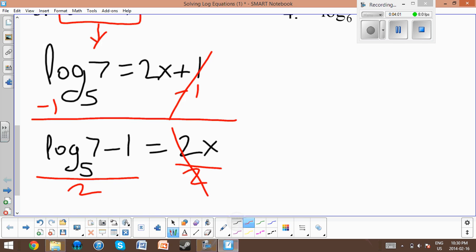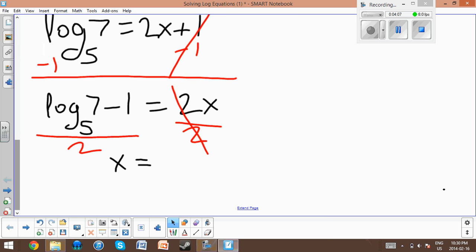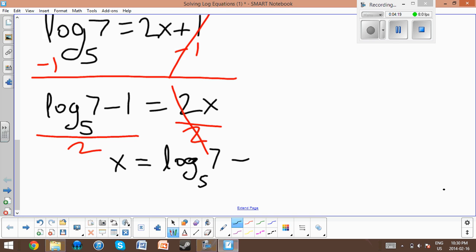Then it's just a simple matter of substituting all these numbers into a calculator, giving you the correct answer, which is log base 5 of 7 minus 1, all over 2.